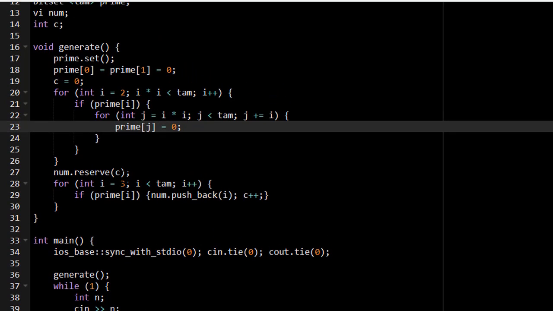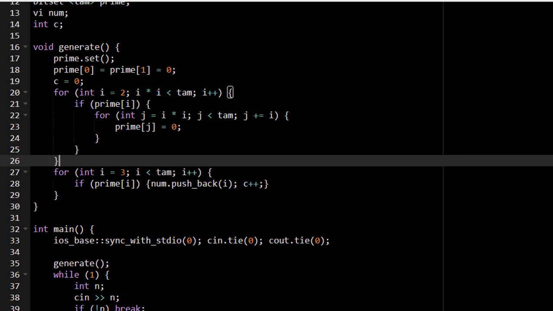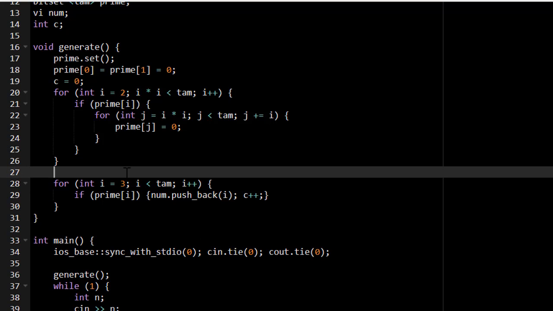Then this line doesn't do anything at all here. But since we know that we're going to have up to 78,000, we're gonna reserve 79,000.